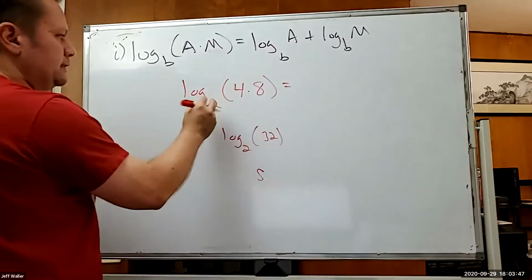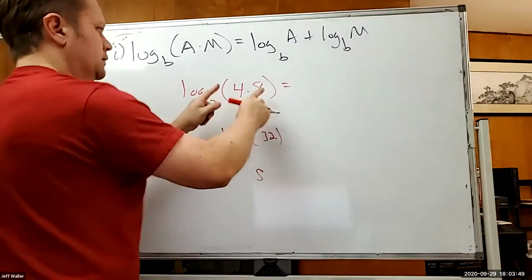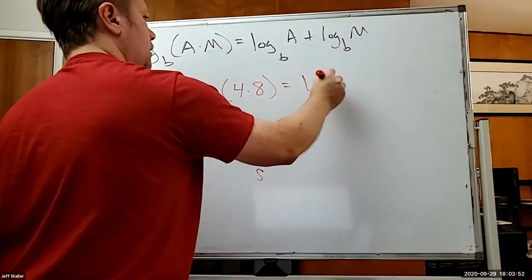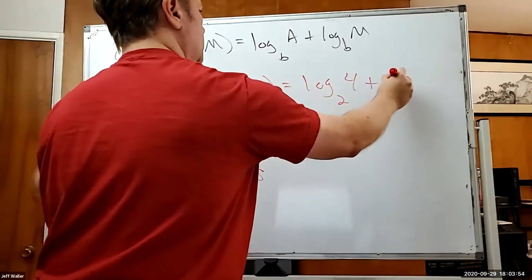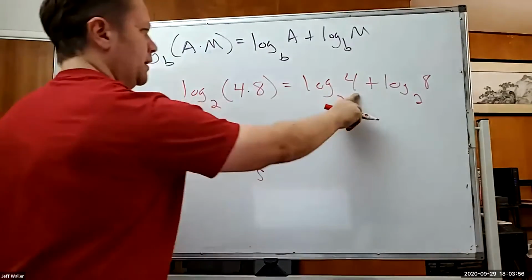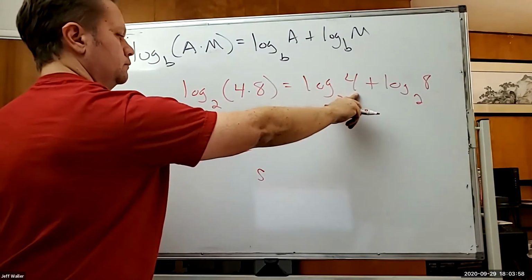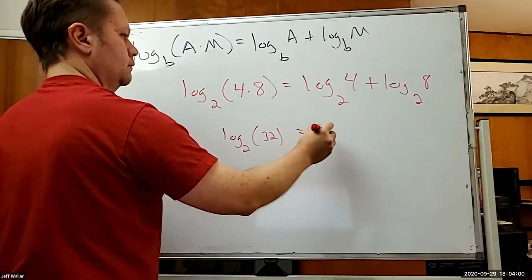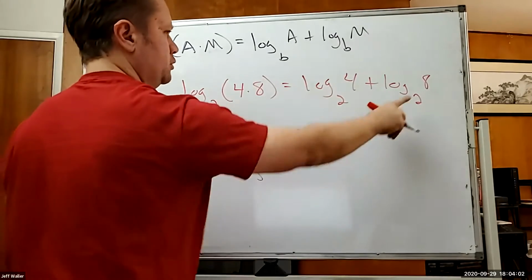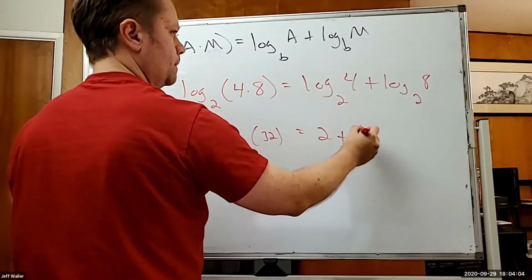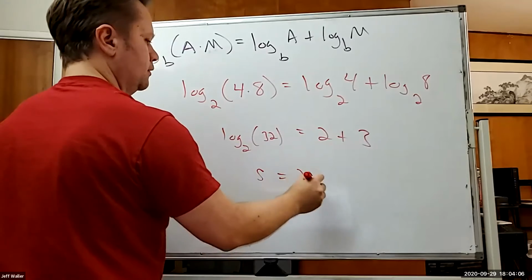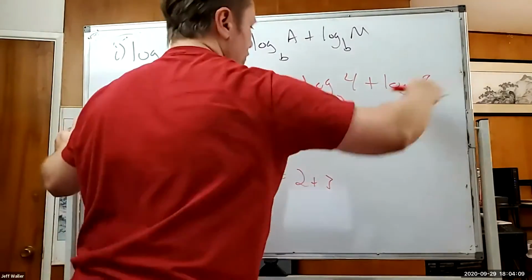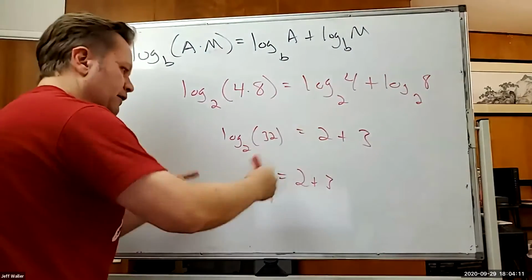Since this is the log of a product of two things, I can break this up. What is log base 2 of 4? 2, because 2 squared is 4. What's log base 2 of 8? 3, because 2 to the third power is 8. And sure enough, 5 is 2 plus 3.